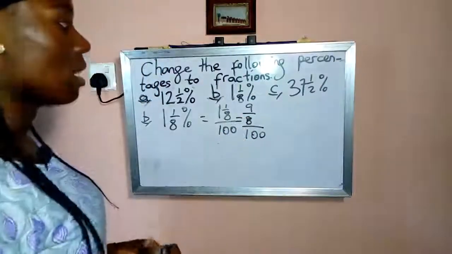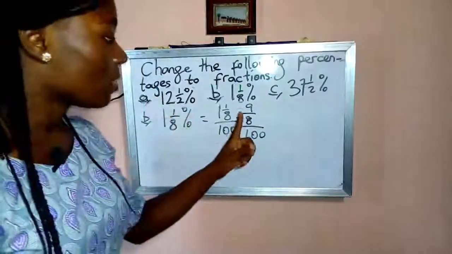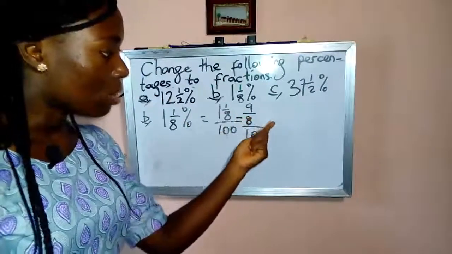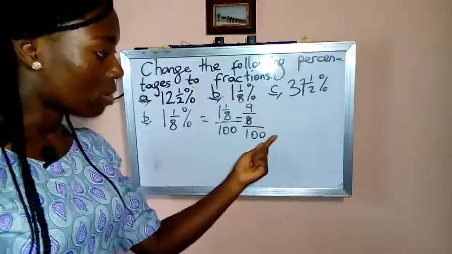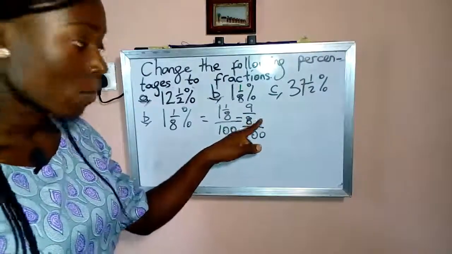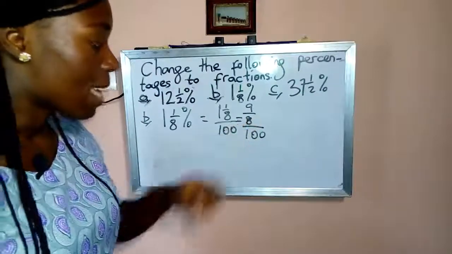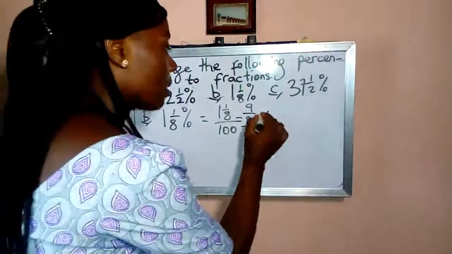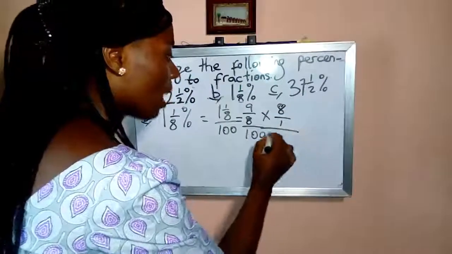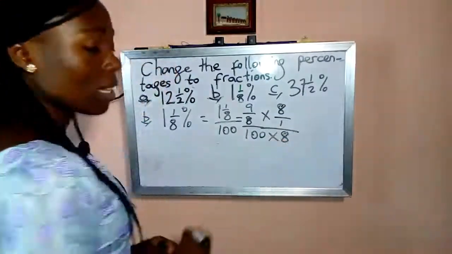Now, like we did in the last example, to achieve a single number here, what do we do? I multiply both this numerator and this denominator by the number at the bottom of this fraction here, and the number here is 8. So I can say 9 over 8 times 8 over 1, all over 100 times 8.